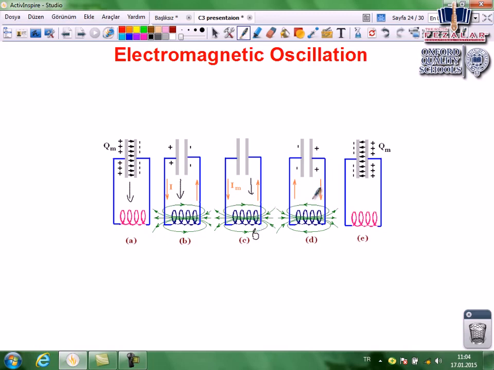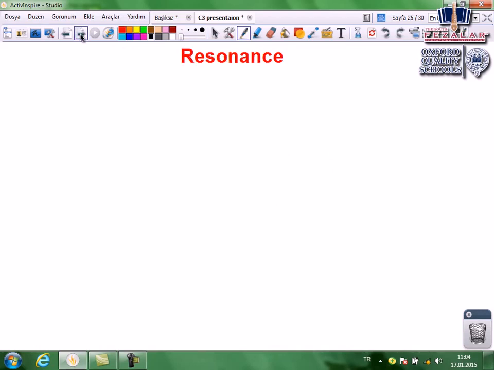Then the capacitor starts to charge again and the inductor gives its energy to the capacitor, and energy is stored in the capacitor as an electric field. This energy interchange will continue if there is no resistance in the circuit. This type of circuit is used, for example, in radio transmission.